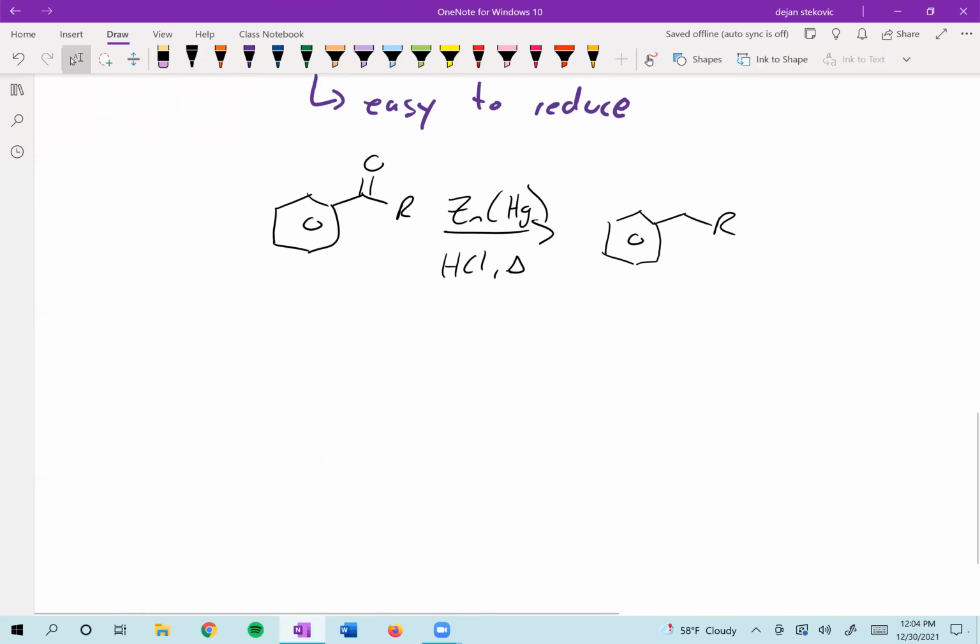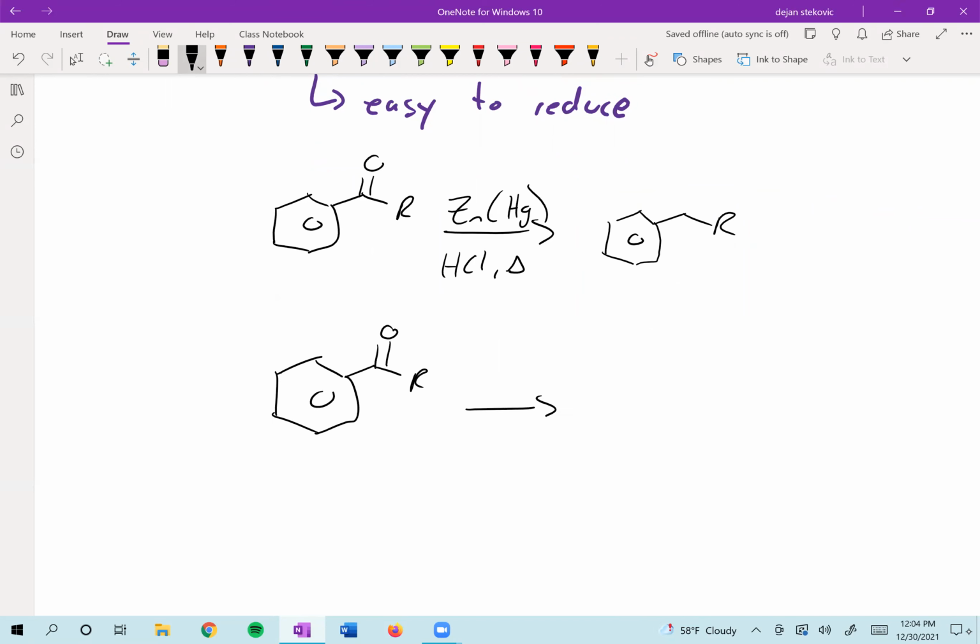There are other ways to do this reduction. I'm only going to ask about the top way, but in case you have some kind of standardized test or anything like that, another common one is the Wolff-Kishner reduction. And it does the same thing.